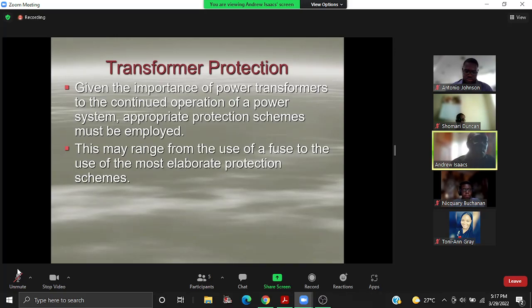Now, depending on the use of the transformer, you can use a fuse as protection, or you can have, as we are saying here, an elaborate protection scheme. So in terms of fuse, if you look on the pole-mounted transformers, you would usually see a fuse protecting that. Okay, it's not that it's not important, but in the scheme of things, that's good enough. You also now have deployed across the Jamaican network what we call self-protected transformers, right?